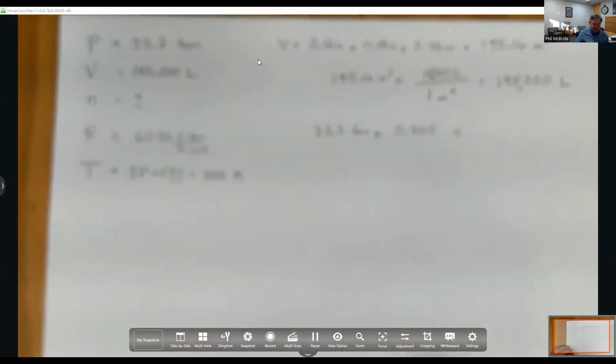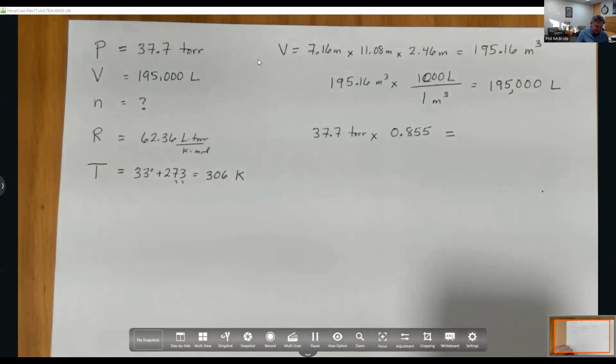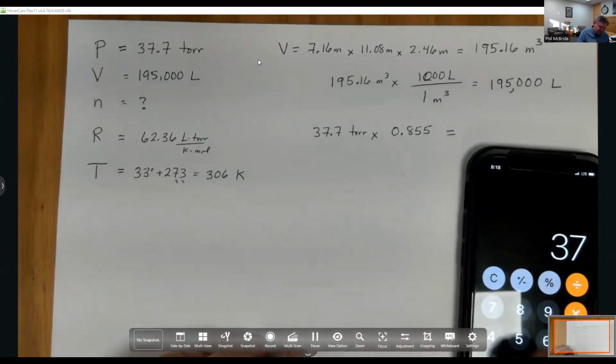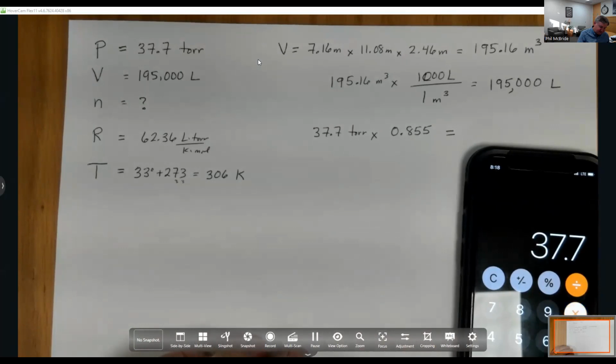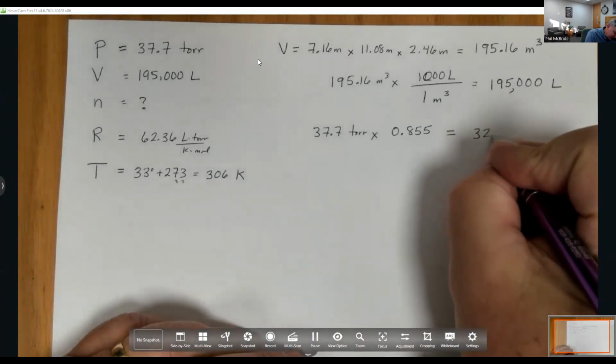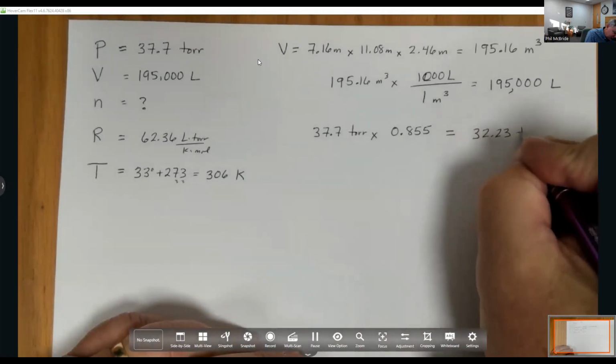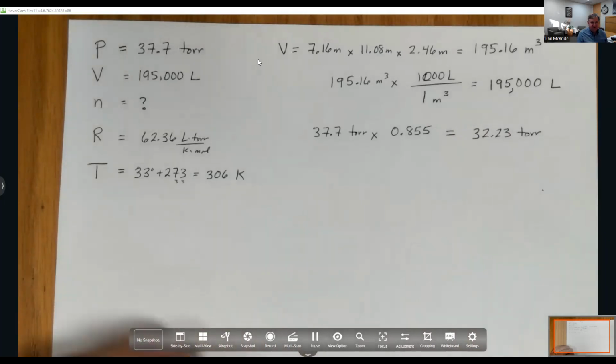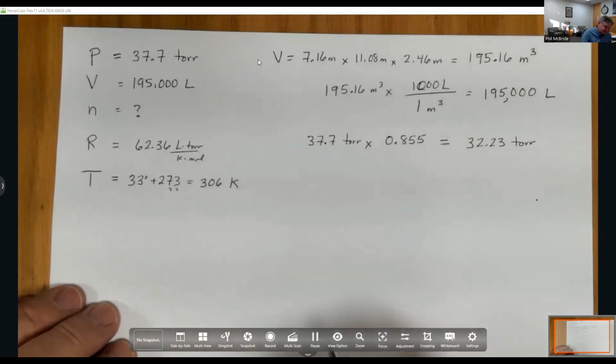That will give me the pressure of the air. So 37.7 times 0.855 is 32.23 torr. So now I have all the information I need for my problem.